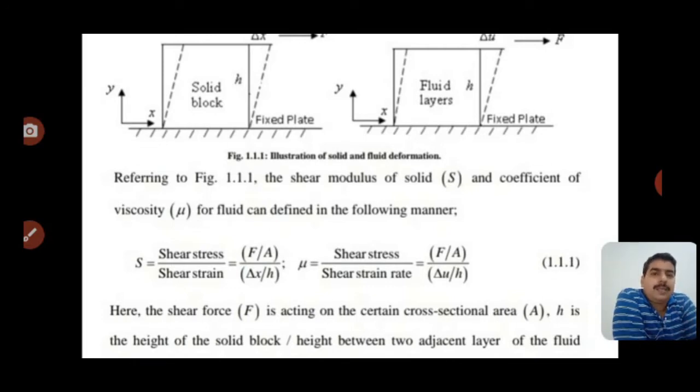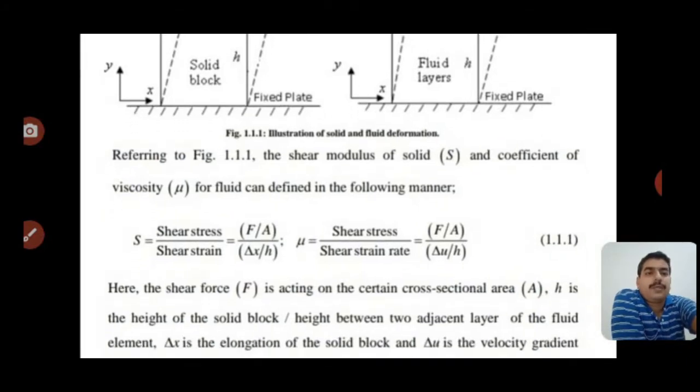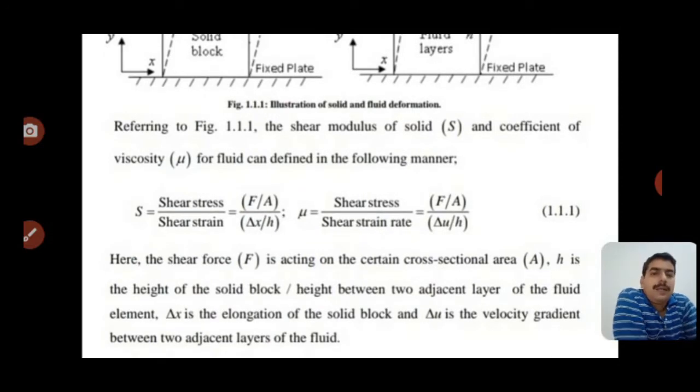Therefore, dynamic viscosity mu is equal to shear stress upon shear strain rate, that is F upon A upon delta u upon h, where F is the shear force acting on a certain cross sectional area, the transverse direction of area. h is the height of the solid block as well as the adjacent layer of the fluid, delta x is the elongation of the solid block, and delta u is the velocity gradient between two adjacent layers of the fluid.